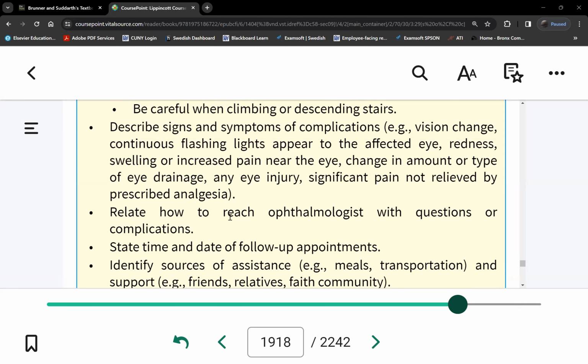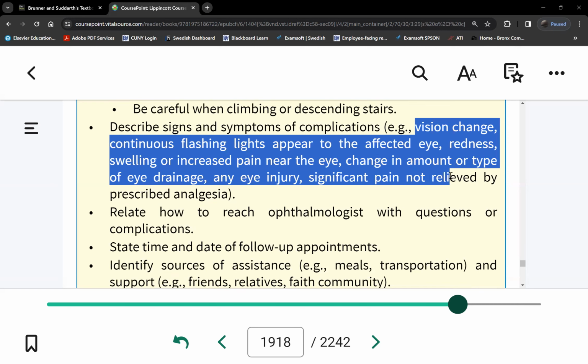All right. So what do we report? Report to the physician the following. Any vision change. Now also tell the patient, will the vision be 100% improved after surgery? No. Not yet. Remember there's a lot of swelling. So what will the eye look like? Is it going to be clear after all the scalpel and the stitches? No, it'll be red and swollen, but the vision should be improved from before surgery.